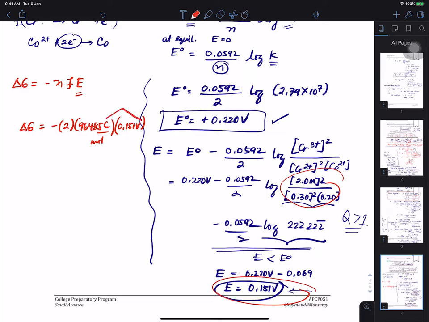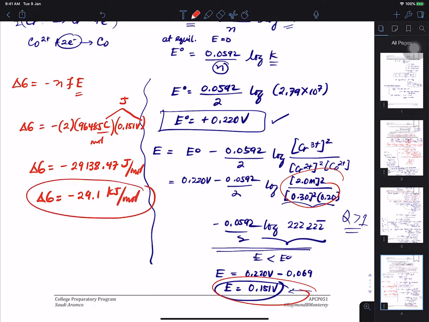Remember, coulomb volt gives you joules. So our delta G here, which is per mole of reaction, would be 2 times 96,485 times 0.151. It gives us negative 29,138.47 joules per mole, or negative 29.1 kilojoules per mole.